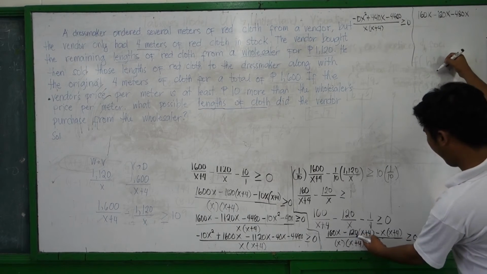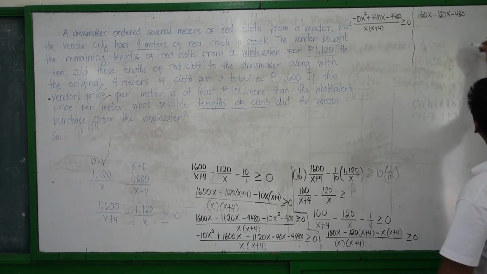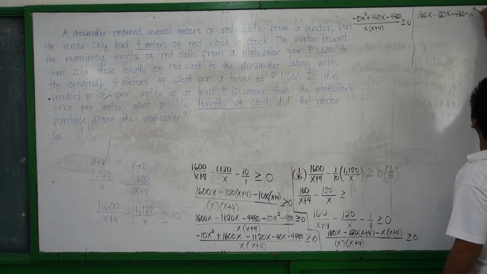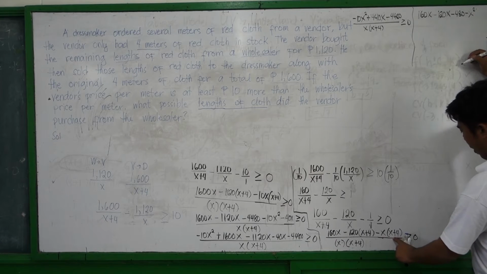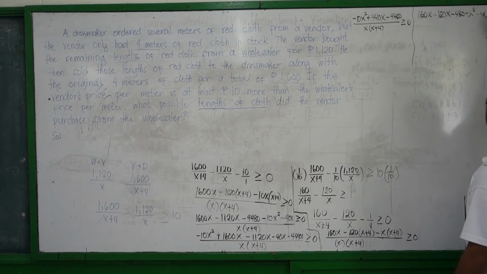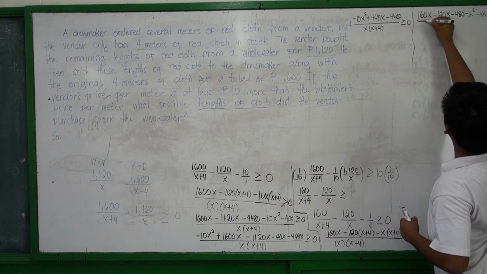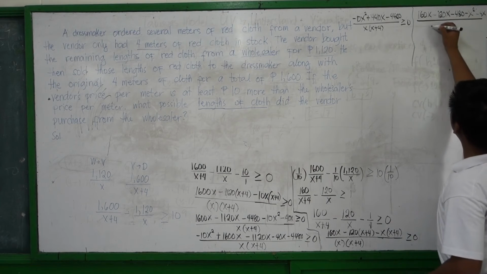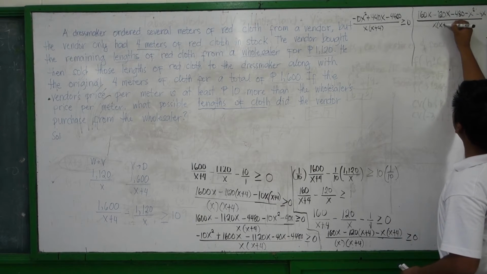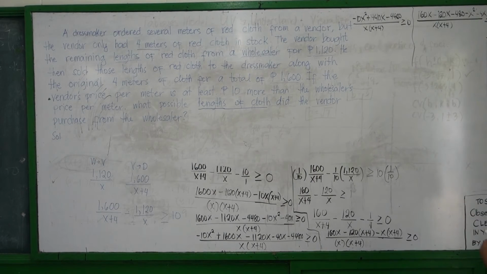Then x minus x squared, then minus 4x. Okay. Negative 4x, correct. Here, continue. Same: x plus 4 greater than or equal to 0. Okay, continue.